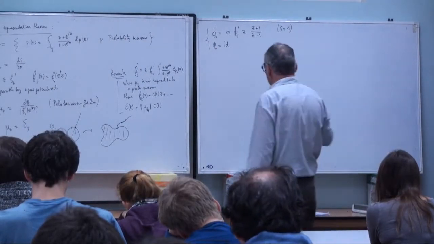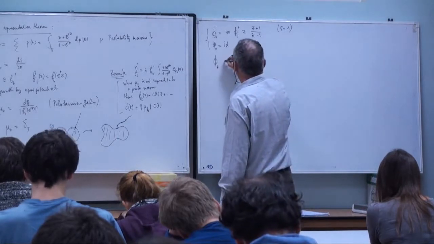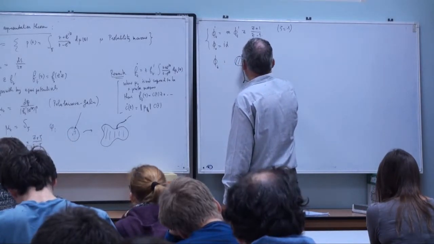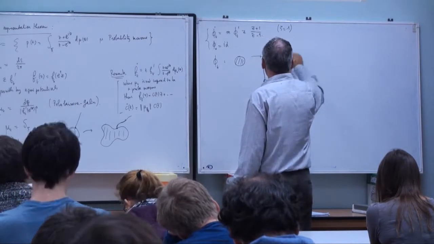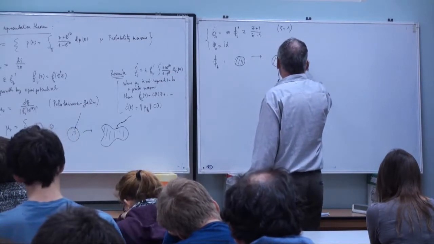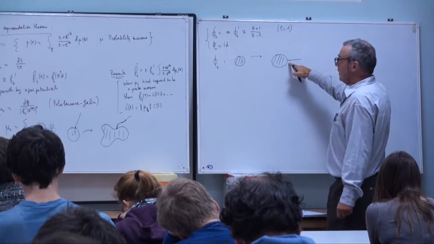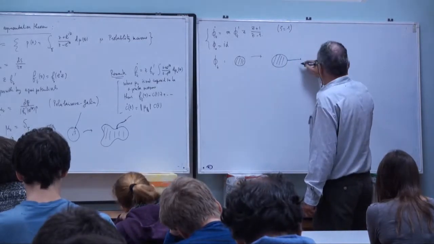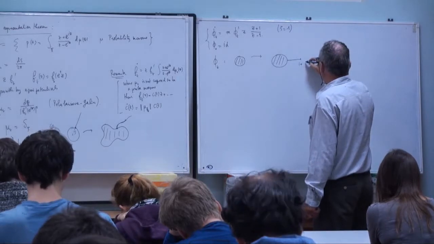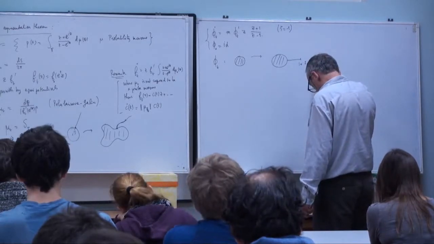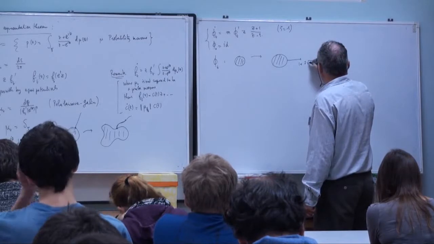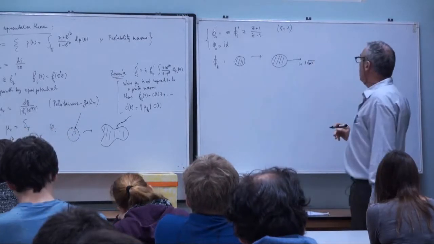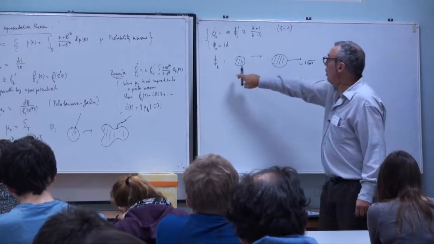So phi t will map the complement of the disk to the complement of the disk minus the external ray starting from the point 1 here and going to 1 plus 2 square root of mt. So it's essentially square root of this.